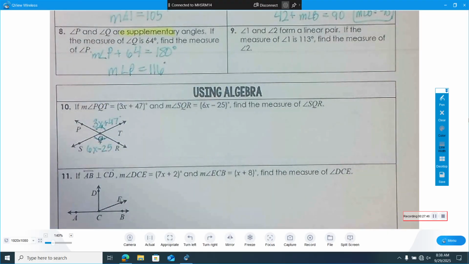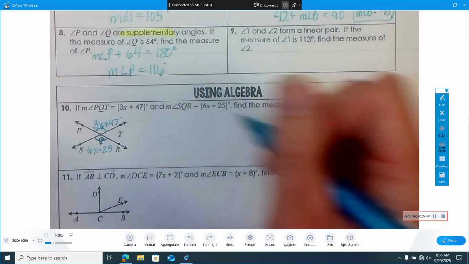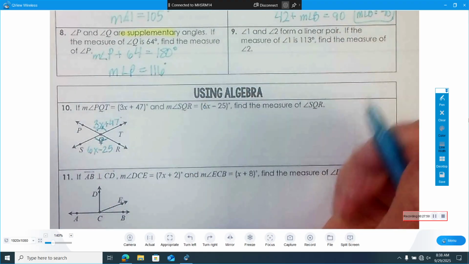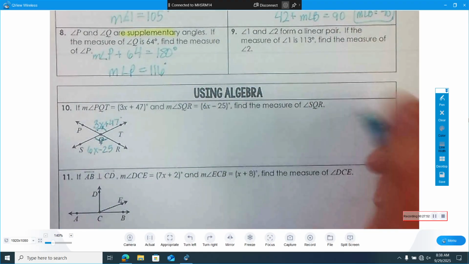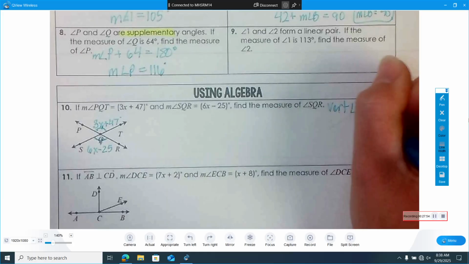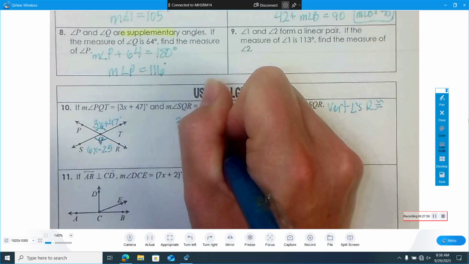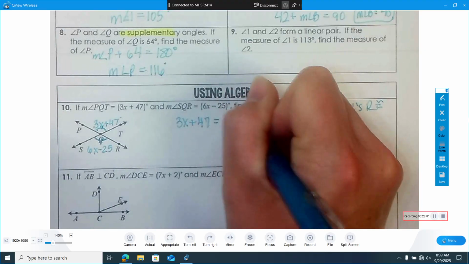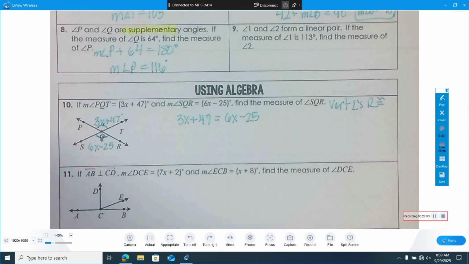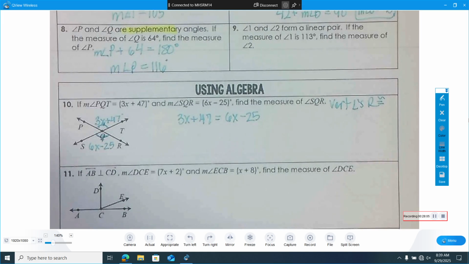What do we know about vertical angles? They are congruent. So what is the equation I get to write here? Excellent. 3x plus 47 equals 6x minus 25. Then we can use that to solve for x.